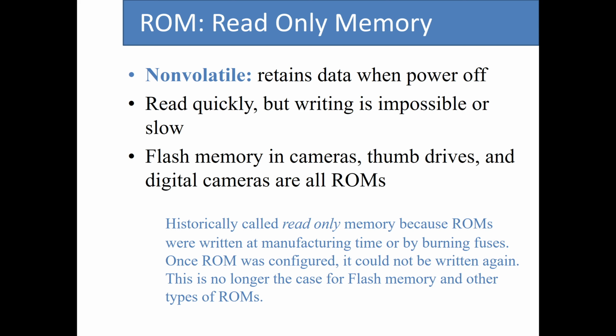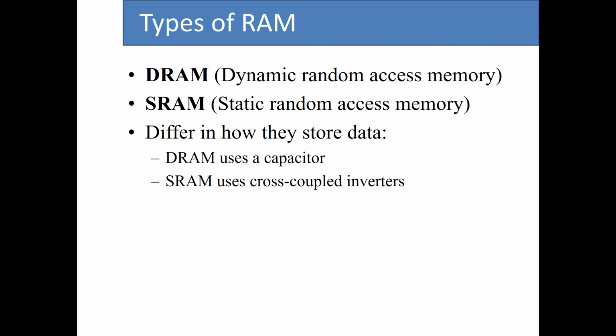So once a ROM was configured, it could not be written again, or the process was very cumbersome. Of course, this is not the case for flash memory and other types of ROMs that we use today. But because this was a historically given name, it kind of got stuck on this type of memory. So now let's see how we can actually create them.